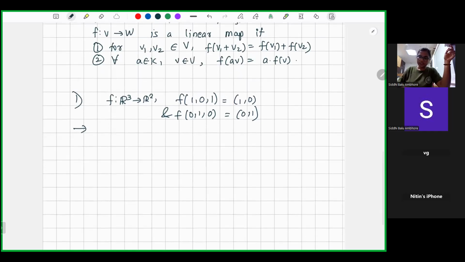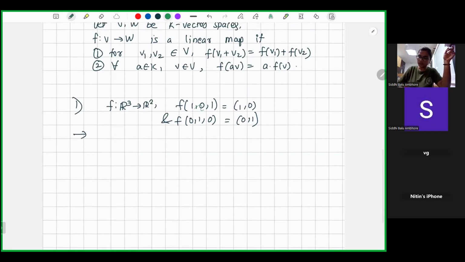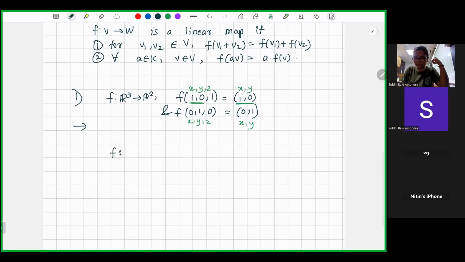If you see these two, they are the same. If I call the vector (x, y, z), then the output is (x, y). So as our guess, I define the map F from R cube to R2 such that F of (x, y, z) is (x, y).